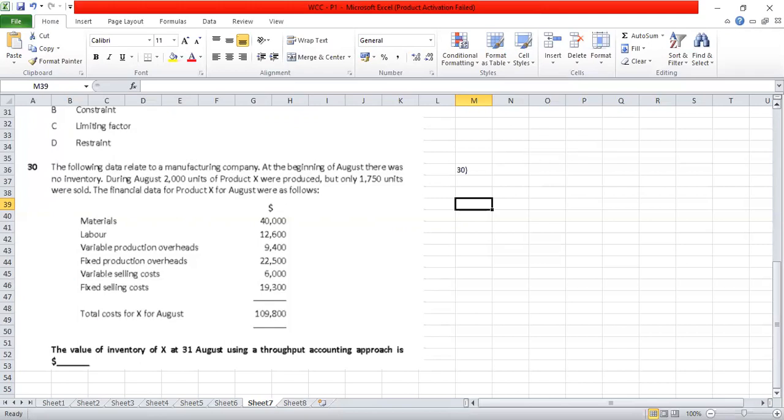So the logic would be: production is 2,000, sold units is 1,750, so ending inventory is 250.